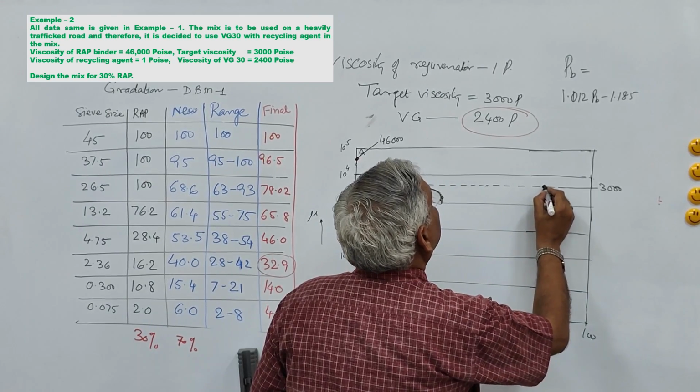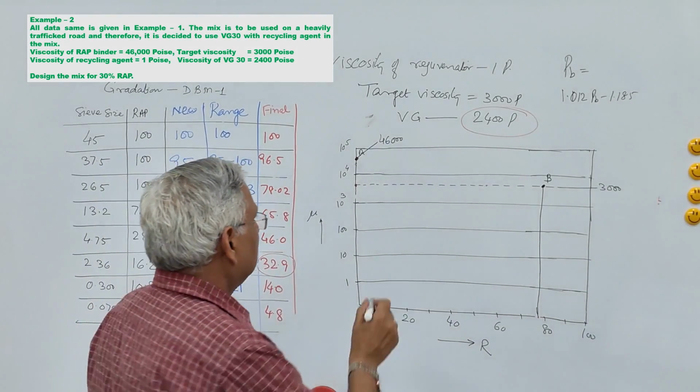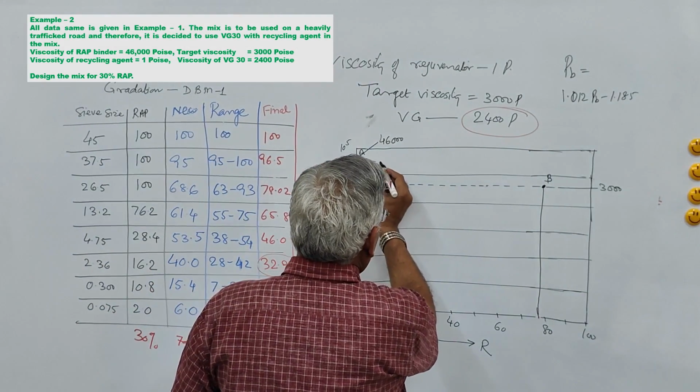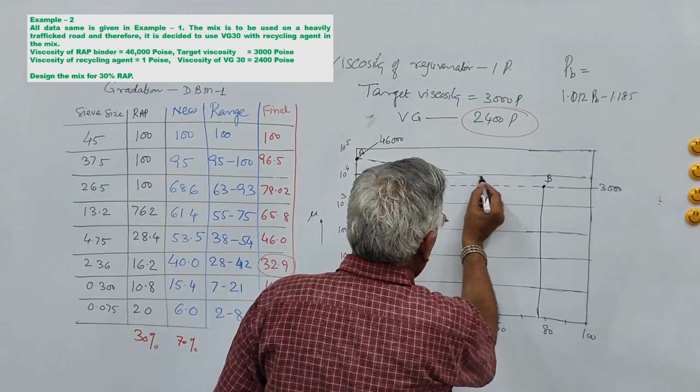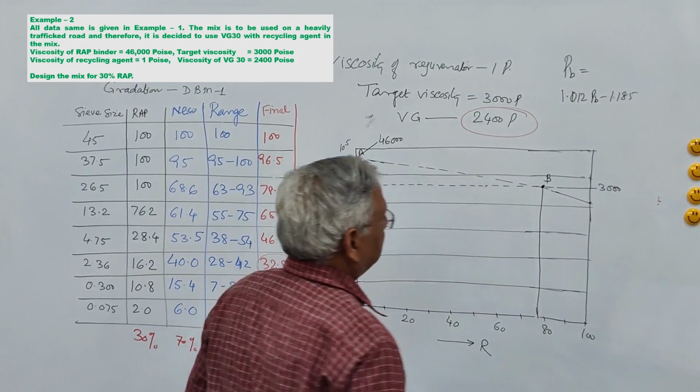So this is the point here, B, similar to what we did in the first example. Join these, so you get the viscosity of new binder here.